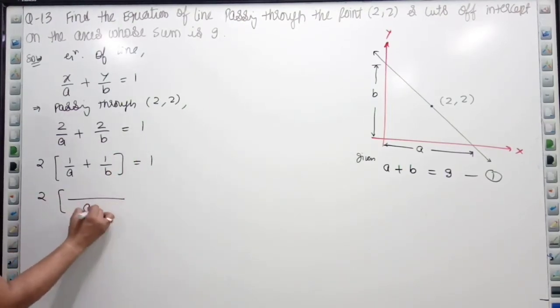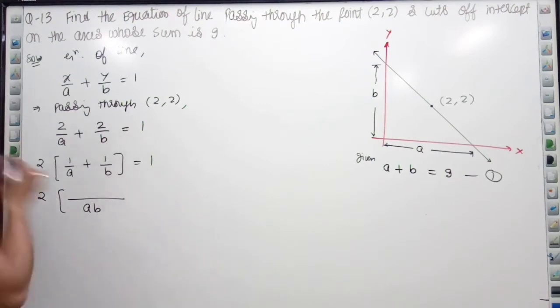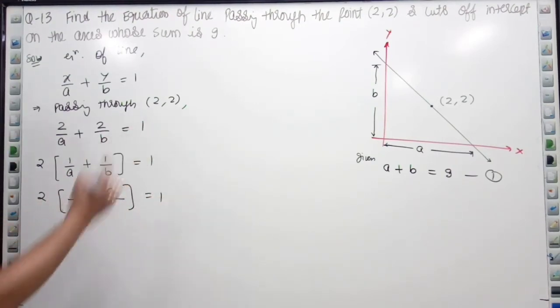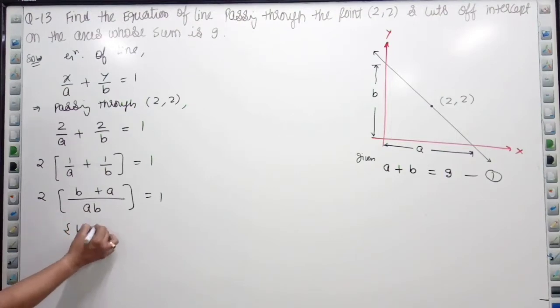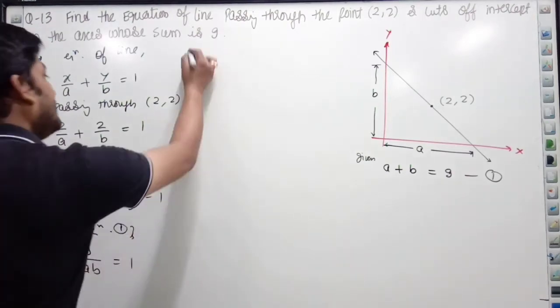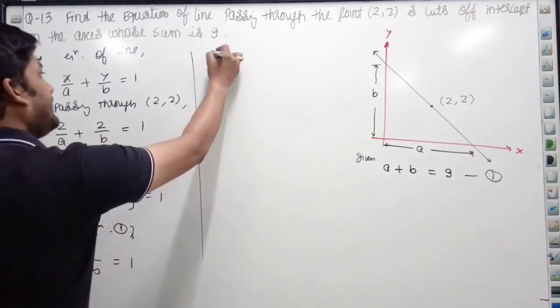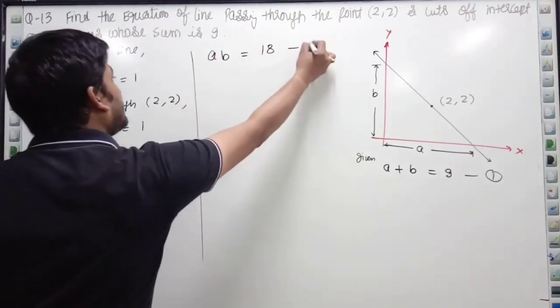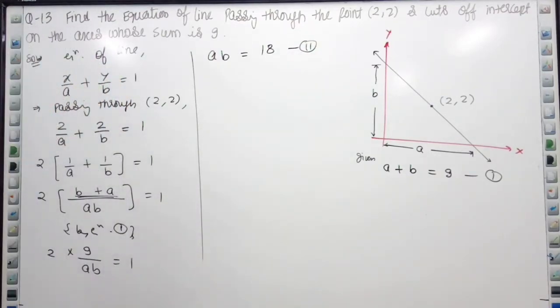So ab is the LCM, so we have b plus a upon ab equals 1, and by equation number 1, can I write a plus b as 9 upon ab equals 1. So can I say a into b is equal to 9, that is 18, equation number 2.